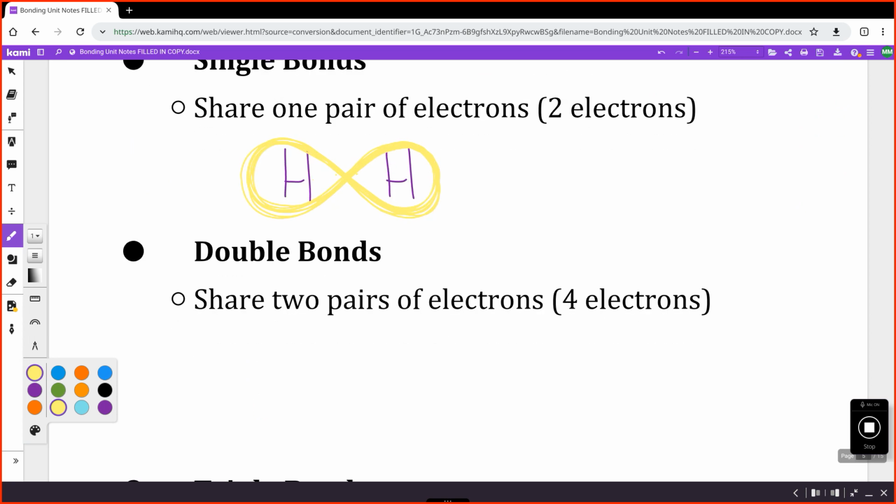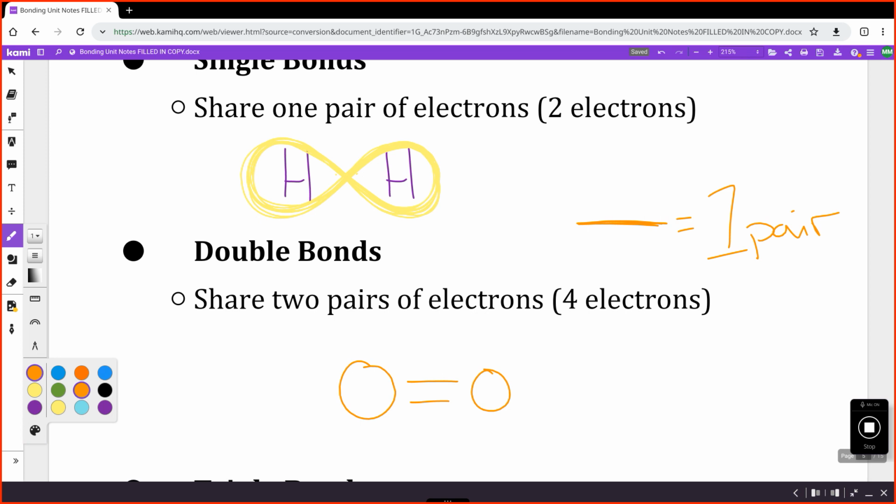So if we bring this into the concept of a double bond, it's the same idea, but instead of 1 single pair of electrons being shared, we denote 2 pairs of electrons shared. Each pair is represented by, like this line is equal to 1 pair. Right? So if I have 2 lines, I have 2 pairs. If I have 3 lines, I have 3 pairs.